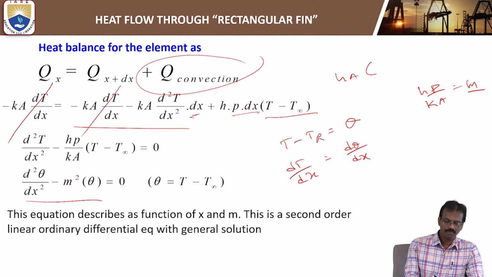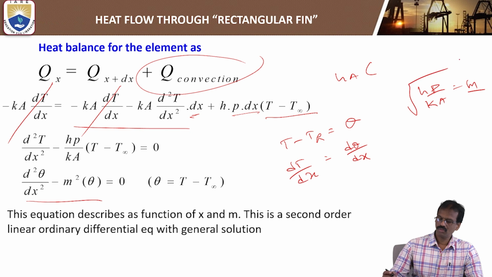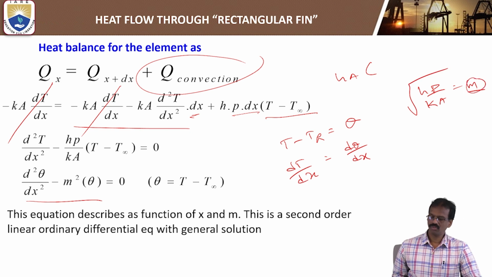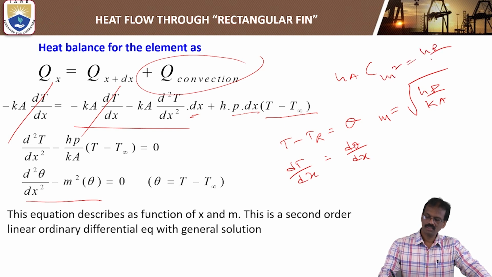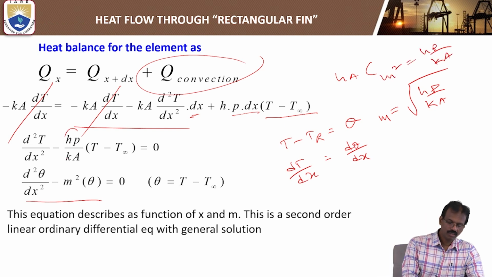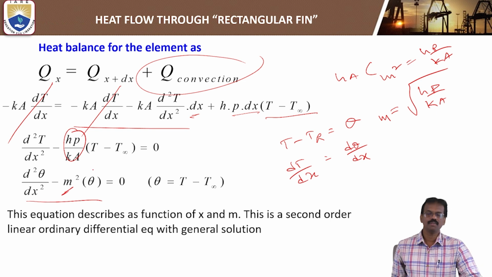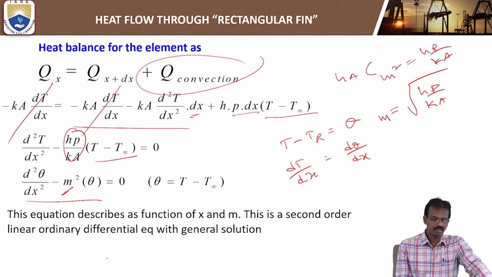So m is nothing but the square root of hP by kA, and m square is equal to hP by kA. So we have d square theta by dx square minus m square theta.